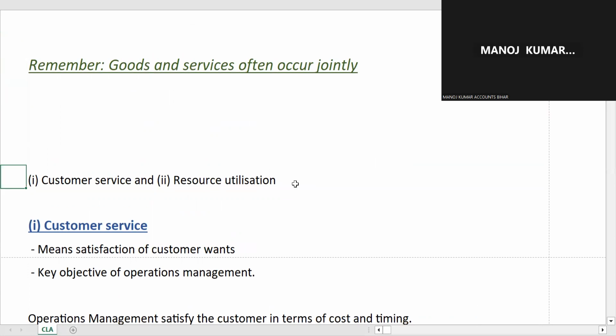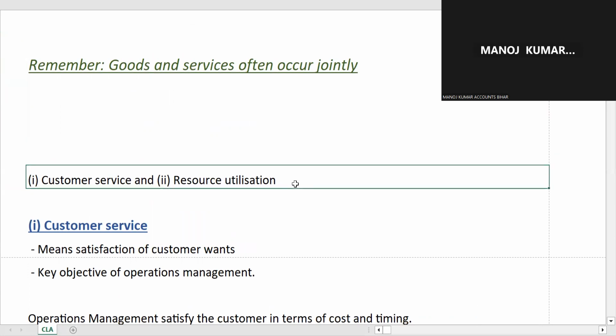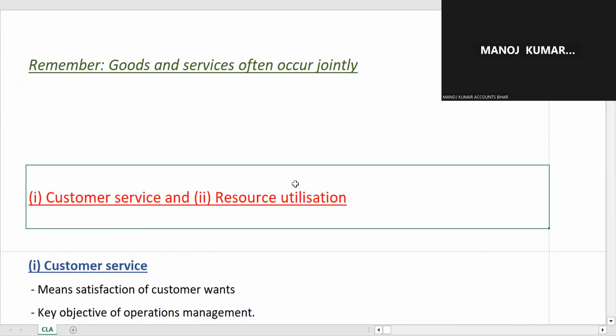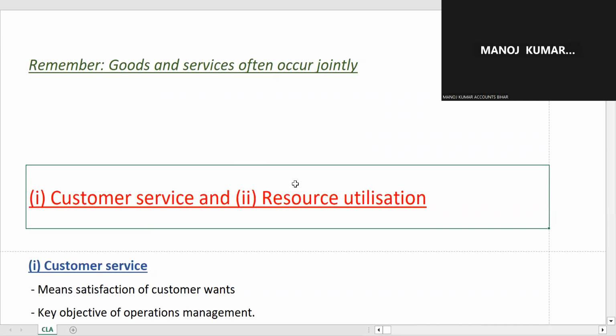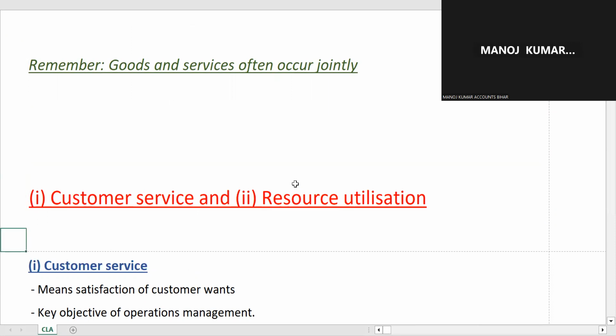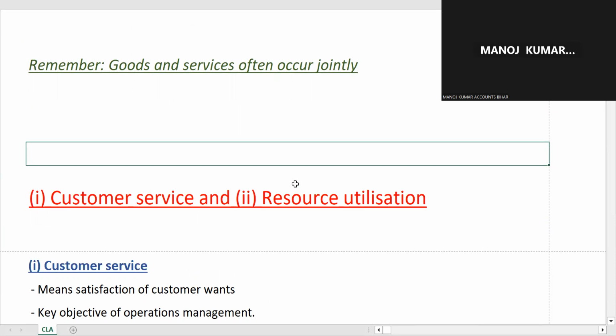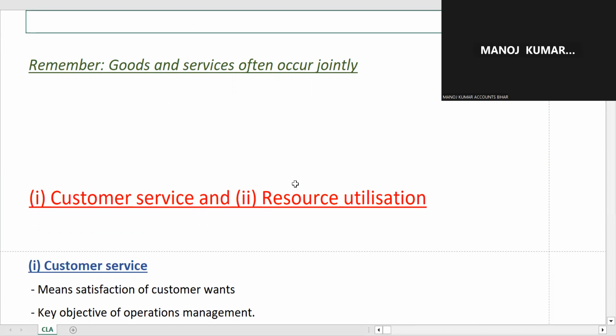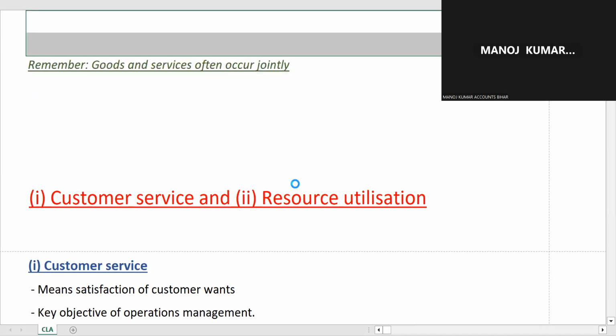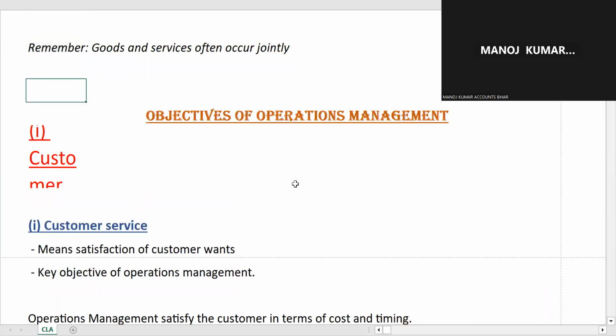Now we are going to talk about another topic, which is customer service and resource utilization. Okay, we will see what this is.